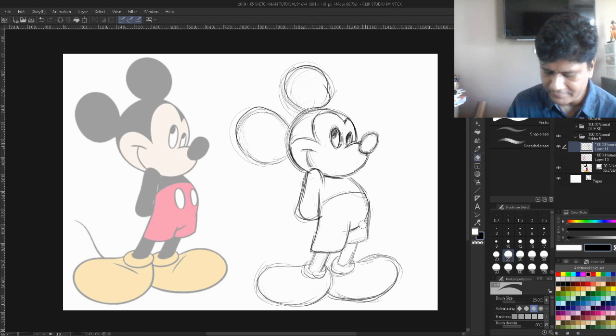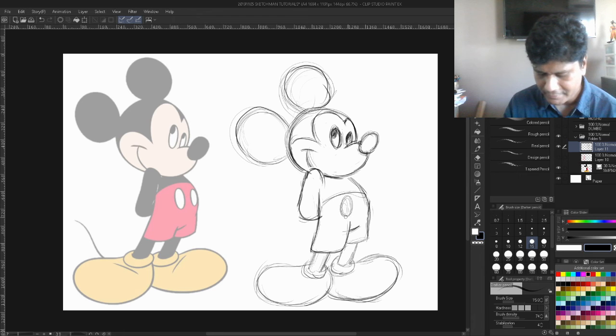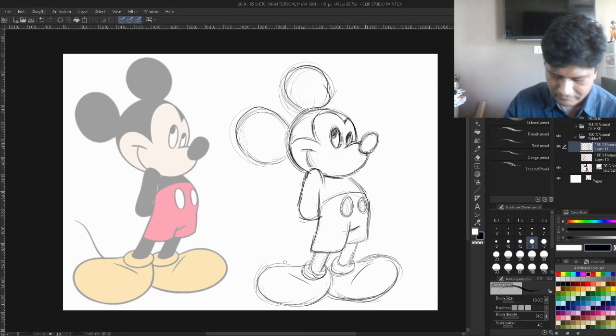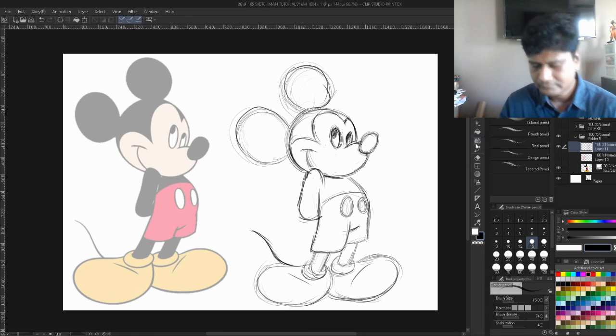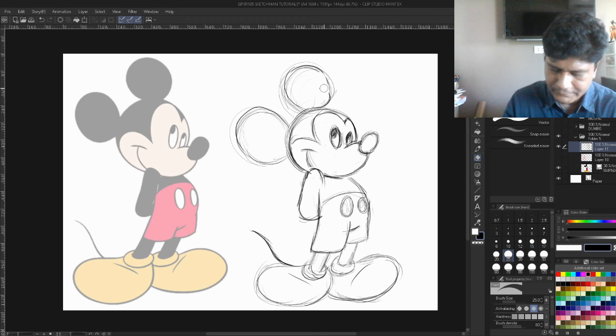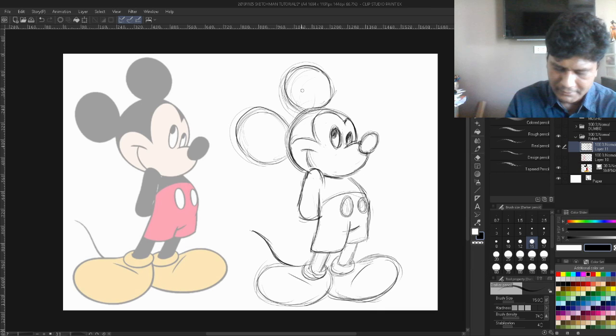Again, I'm removing the reference lines as I'm drawing, just to make it cleaner and more clear for you and myself. So, what do you think? I think it came out pretty well.